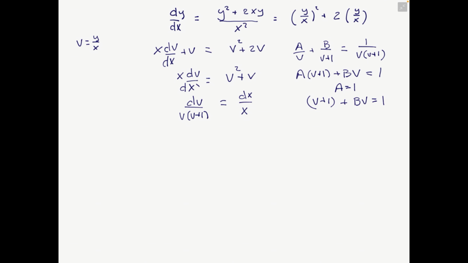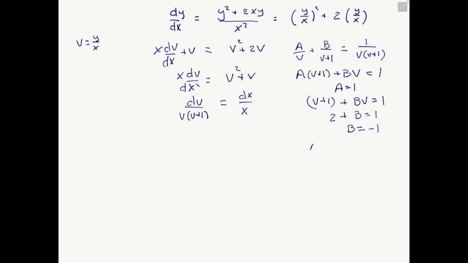If we choose v equals minus 1, we have B equals minus 1. Now we could always check that to make sure that we're right.